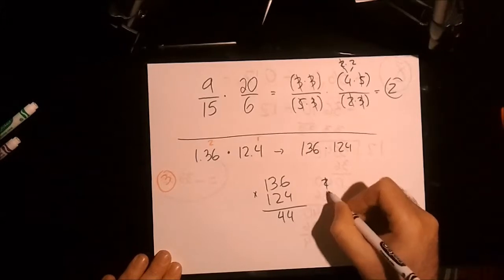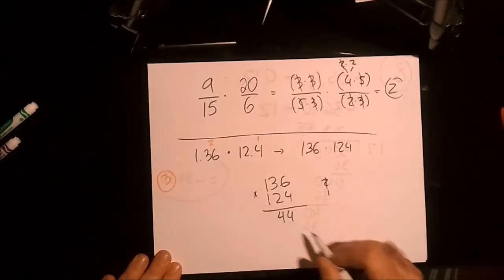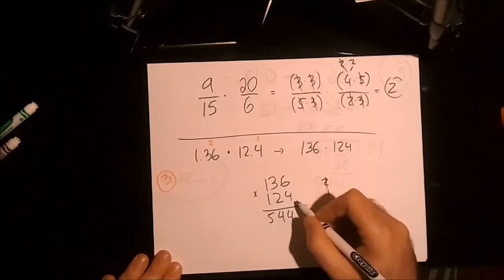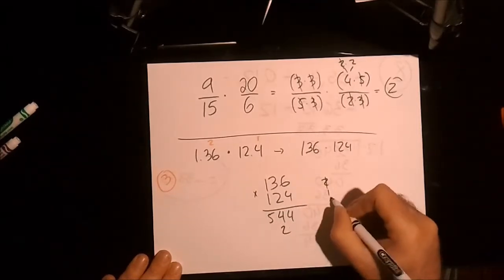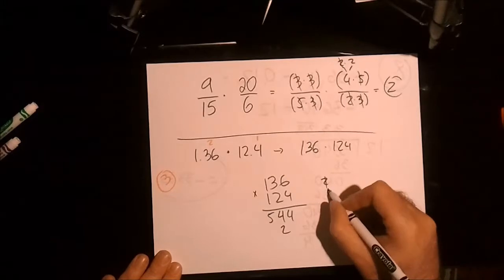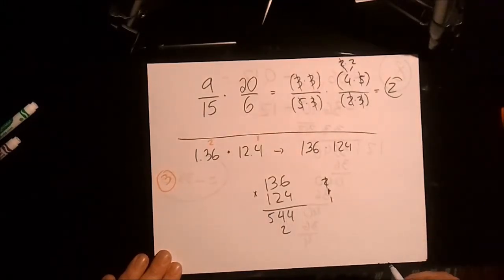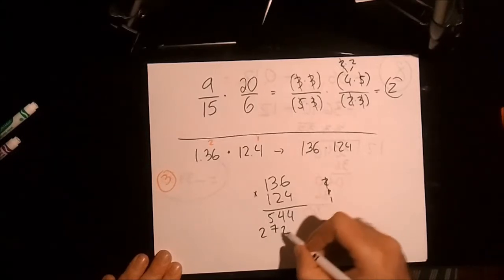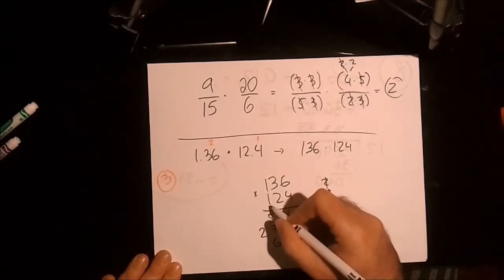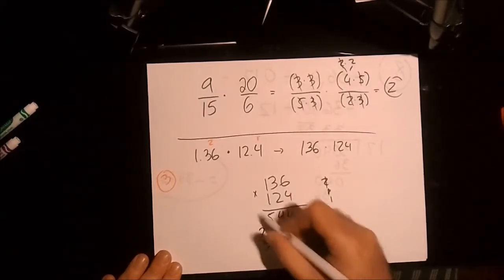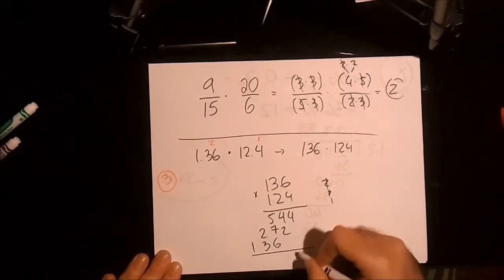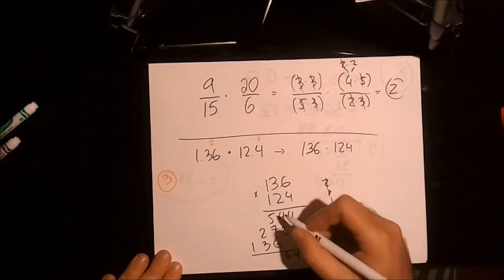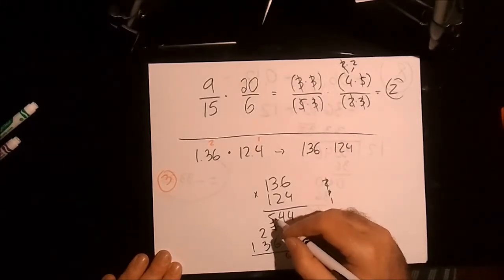So 1 in reserve. 4 times 1 is 4, so that's 5. 2 times 6 is 12. 2 times 3 is 6, that's 7. 2 times 1 is 2. 6, 3, 1. So unless I did my multiplication wrong, which is possible, this should be it.